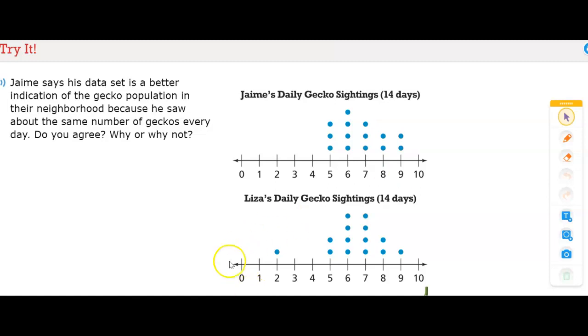On that one day that Liza saw the 2, that's not usual for her, for the neighborhood. So that would be just kind of like a one-off or an anomaly, which they call an outlier in math. So I do agree that Jaime's data would be a better representation of that gecko population in his neighborhood.